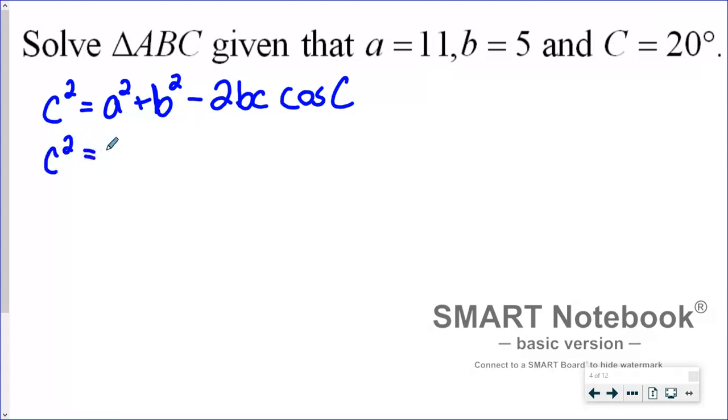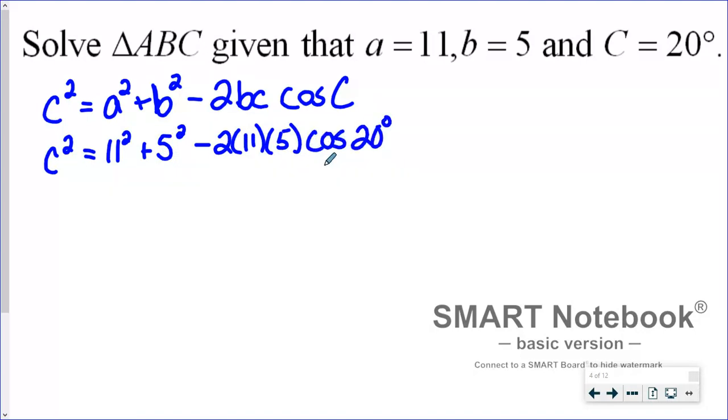So c squared is equal to 11 squared plus 5 squared minus 2 times 11 times 5 times the cosine of 20 degrees. And then of course to solve for C, you would have to take the square root. So whatever you do to one side of an equation, you have to do to the other.